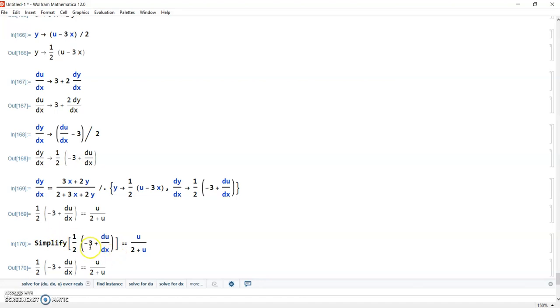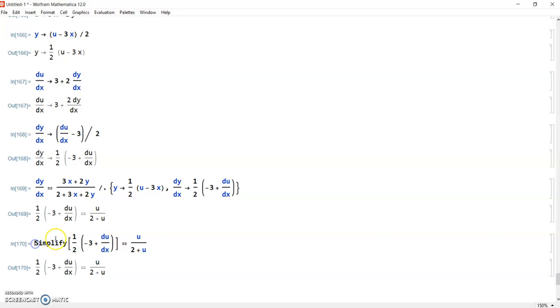It did not do anything over here actually. So what I can do is I can just try to remove these quotients. So for this I will multiply by 2 multiplied by dx, and then I multiply the same on the right hand side.